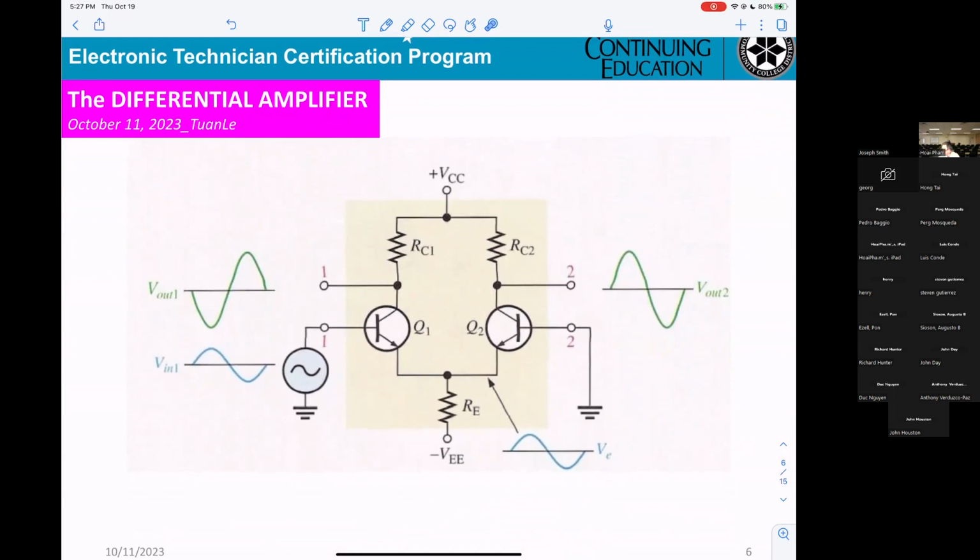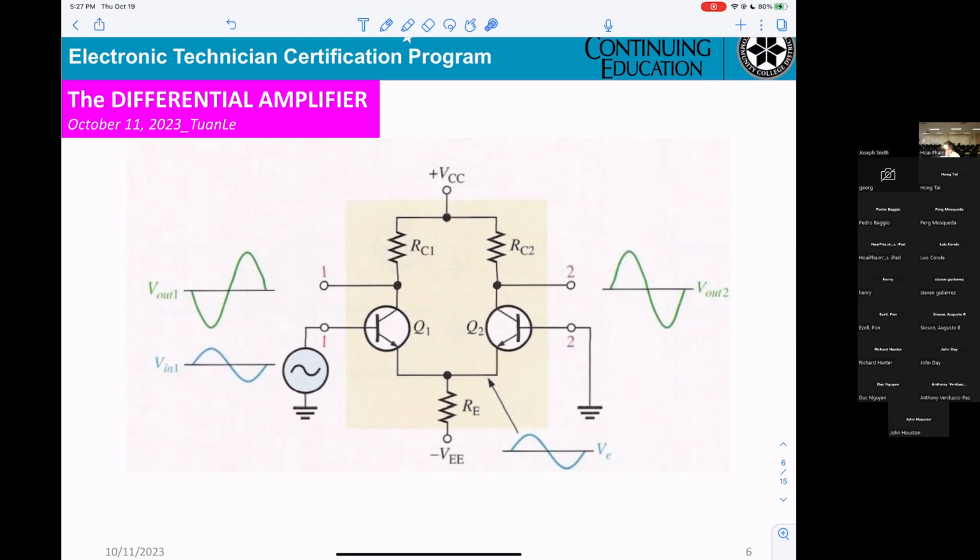Now, in that one, they grounded Q2 and applied the signal sideways. Then the output of Q1 sideways will be opposite, or 180 degrees out of phase.